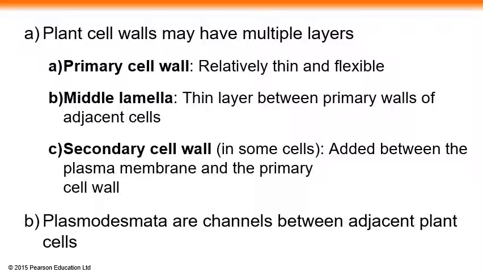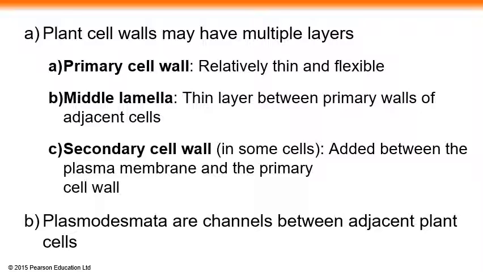They produce it inside the cell and secrete it out, so it gets formed inside the primary cell wall. That's the secondary cell wall. It is added between the plasma membrane and the primary cell wall. Usually it is very strong and thick.